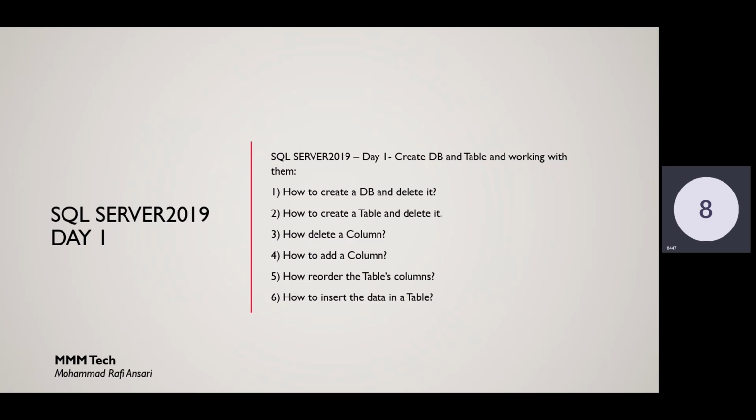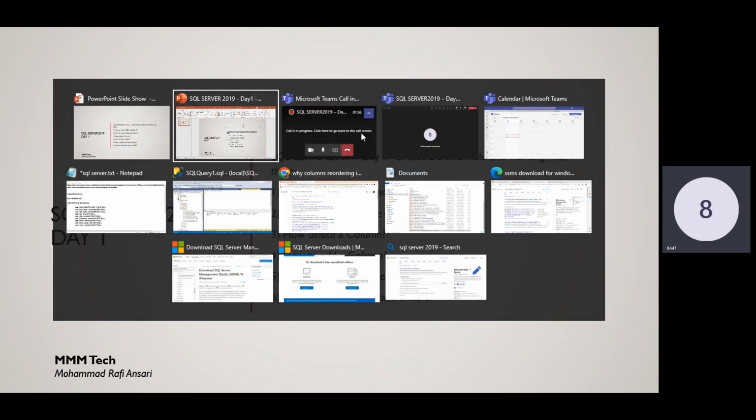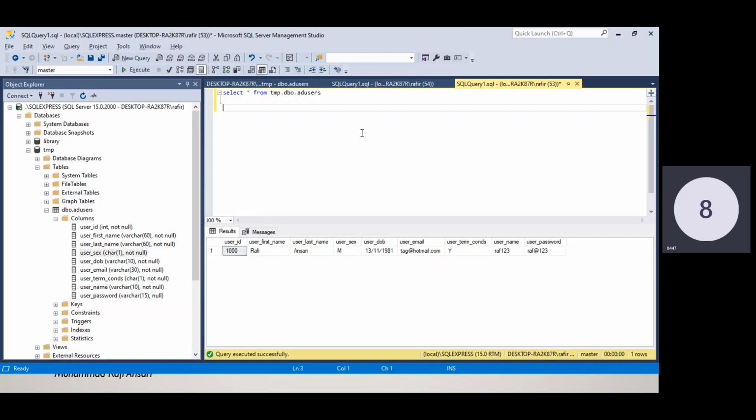Let me just open SQL Server Management Studio. Let me check if it is already open. Yes, it is already open. So the first topic is how to create a DB.